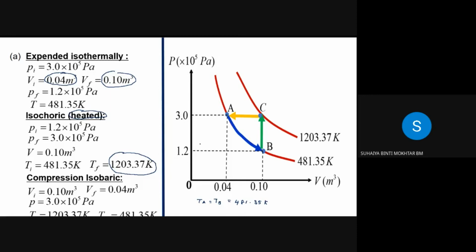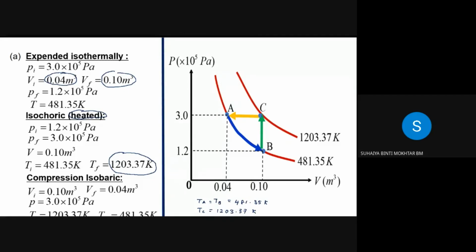Then the final P at point C equals 3 times 10 to the power of 5. Okay, complete here. Temperature A is 481, and temperature C is 1203.37 Kelvin. Then continue with isobaric, returning to the initial point.